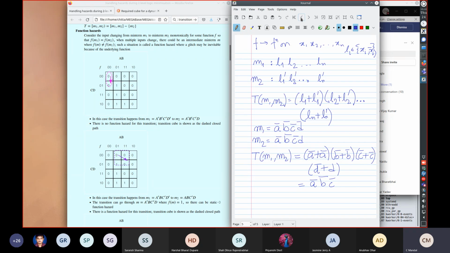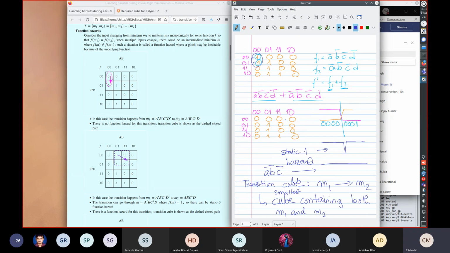If you consider this input transition, let us say this is your transition cube, in light green.